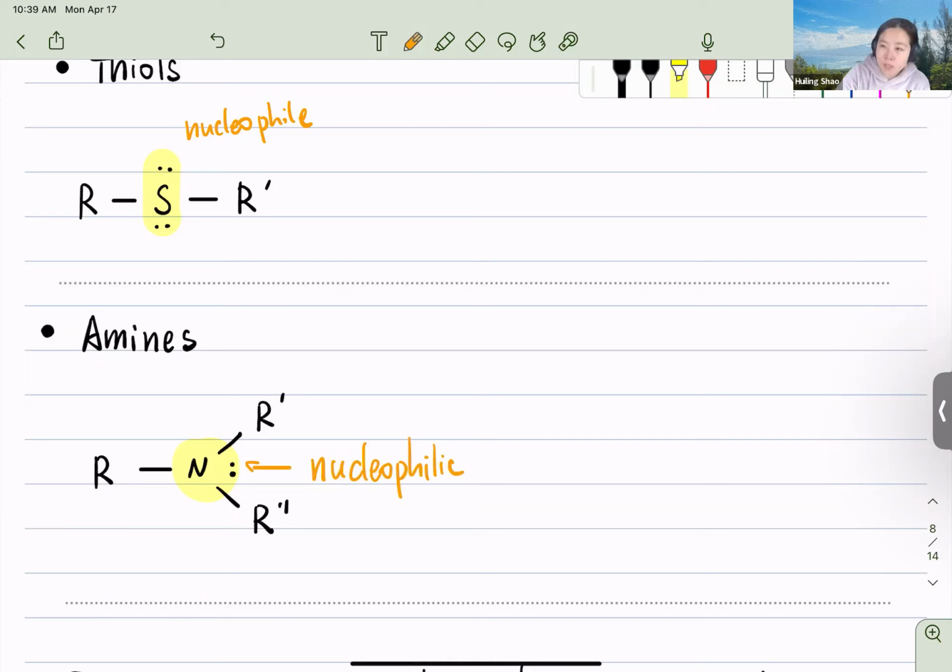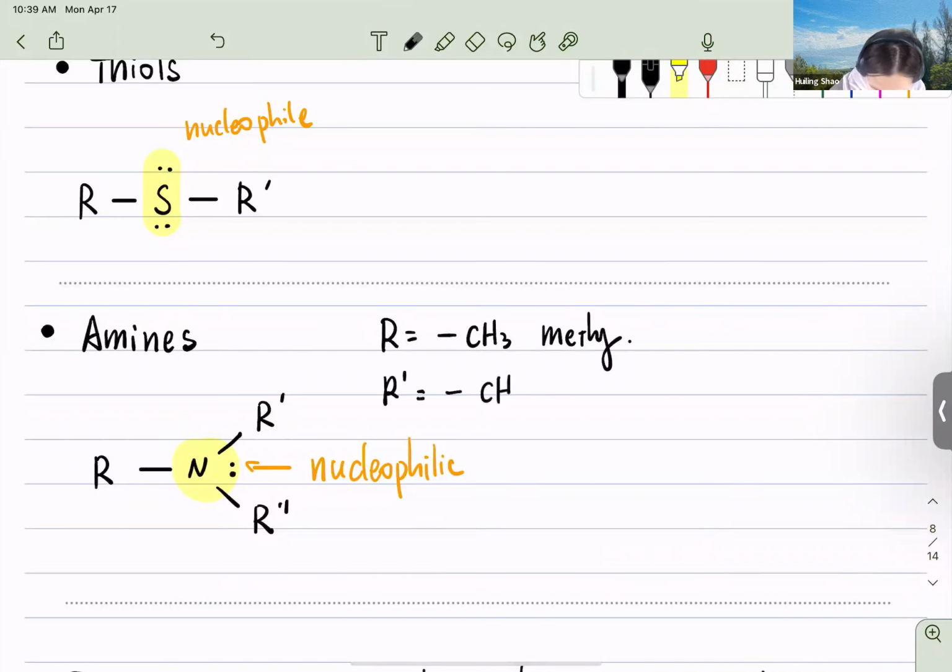So before we move on, I want to use this as an opportunity to quickly clear out some ambiguity in the R group. So in this molecule, let's imagine R equals methyl, R prime equals ethyl, and then this R double prime equals isopropyl.